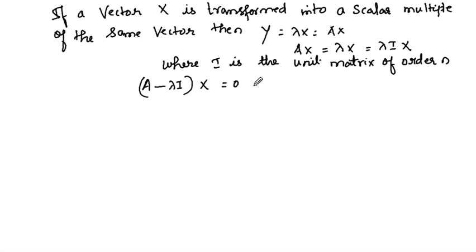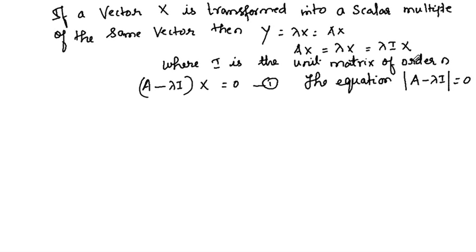We will be getting the equation according to the order of the matrix. If the order of the matrix is 3, then we will be getting a cubic equation. If the order of the matrix is 2, then we will be getting a quadratic equation. Now solving the determinant A minus lambda I equal to 0, we get n roots for lambda.